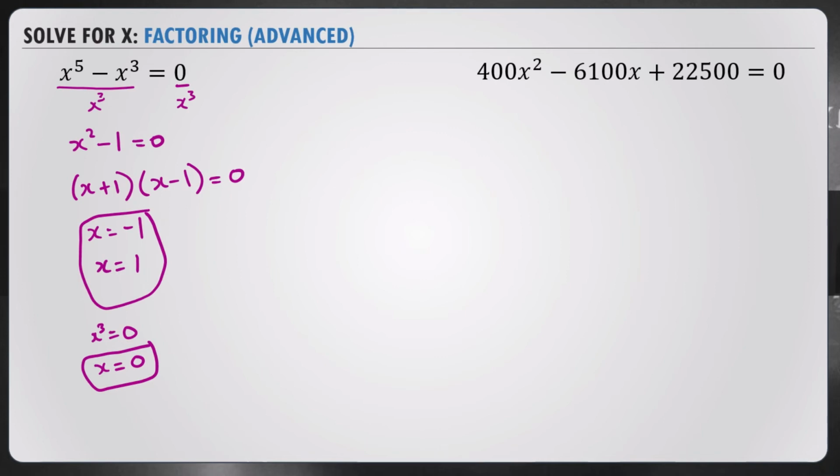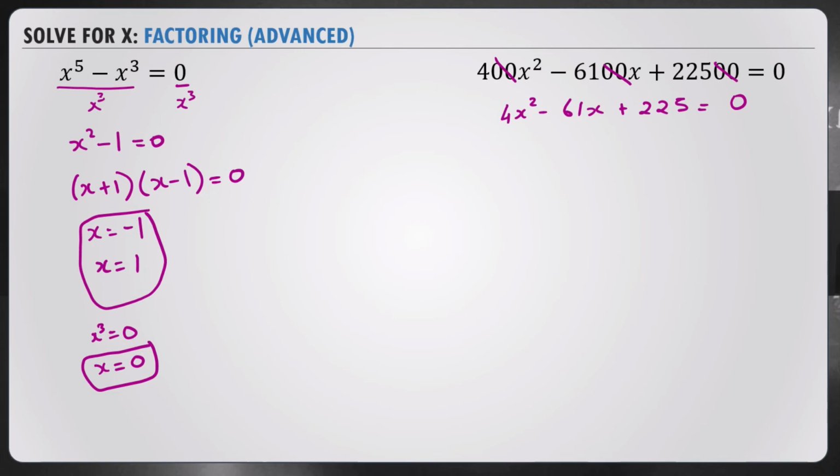So next, we have 400x squared minus 6100x plus 22500 is equal to 0. Immediately, I see the 100, which cancels out. And we're left with 4x squared minus 61x plus 225 is equal to 0.